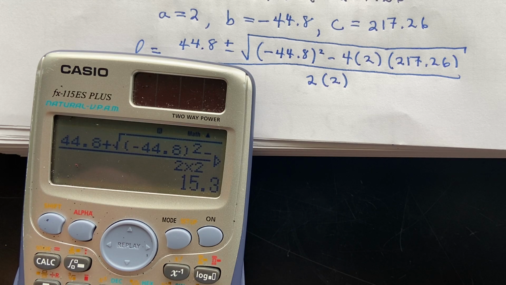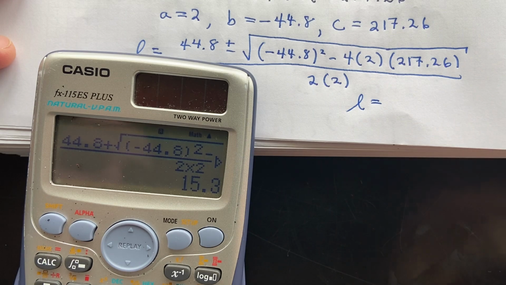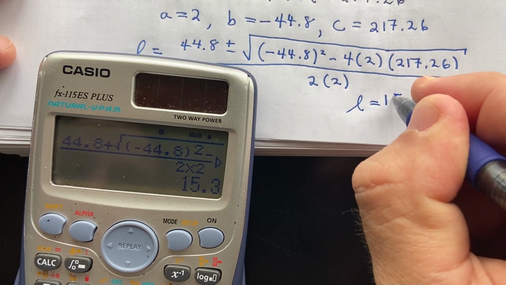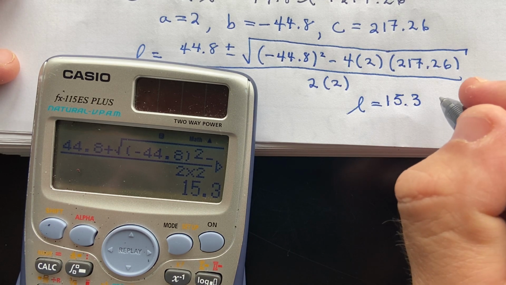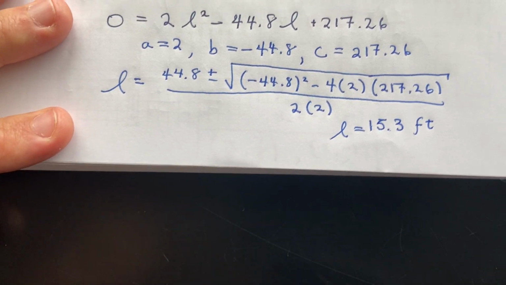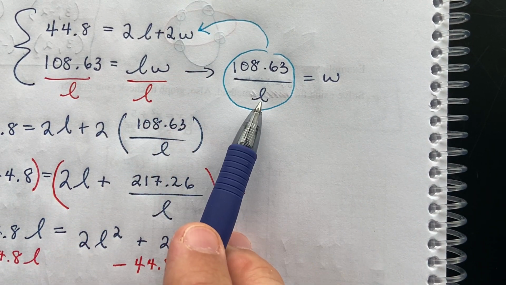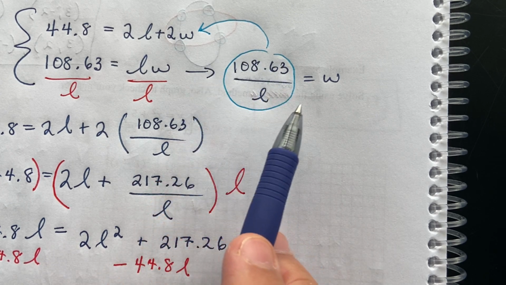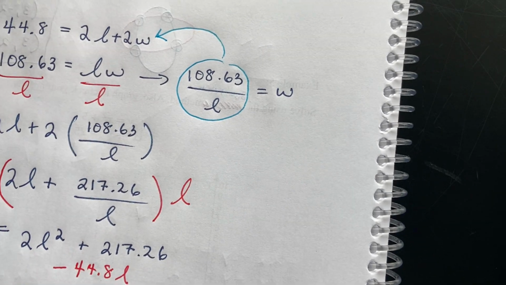So apparently here's the length. So L equals 15.3 and the length unit was feet, so this would be feet. And then once we know that, I can plug L right here and that'll quickly tell me W. Maybe I'll just keep that here for a second.